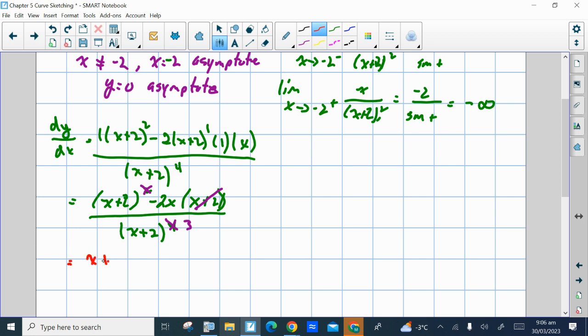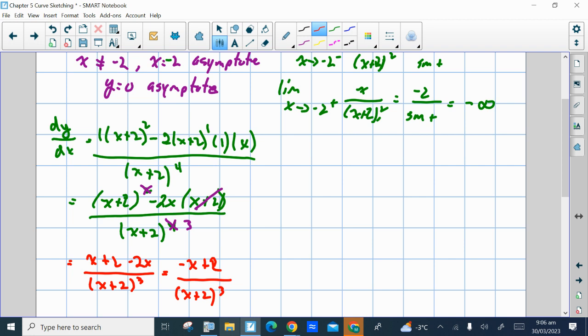We've got x plus 2 minus 2x over x plus 2 cubed, which gives us negative x plus 2 on the top, all over x plus 2 all cubed on the bottom.